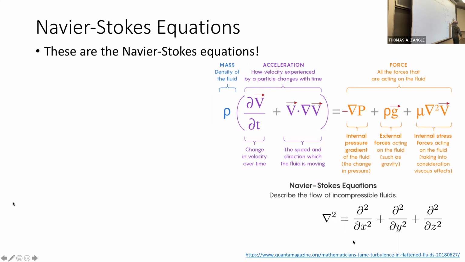It was also a little confusing what was a vector or not within this expression. But these Navier-Stokes equations relate the density of the fluid times the total derivative of the velocity field to the forces that are acting on the fluid. The sum of the forces is ma.